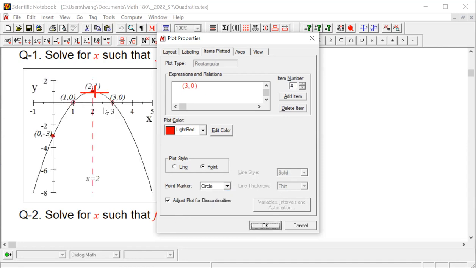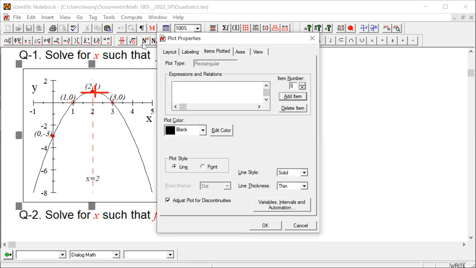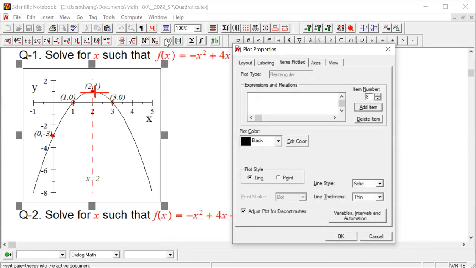And what are the solutions? The solutions are numbers between 1 and 3, the inputs between 1 and 3. So I'm going to mark those inputs with the red bar.